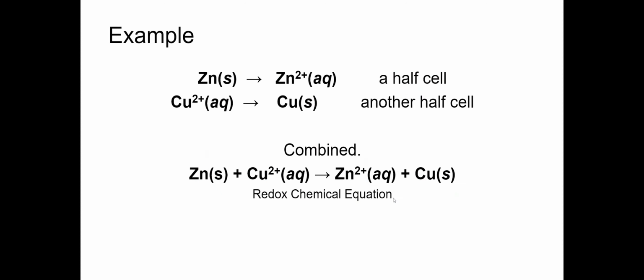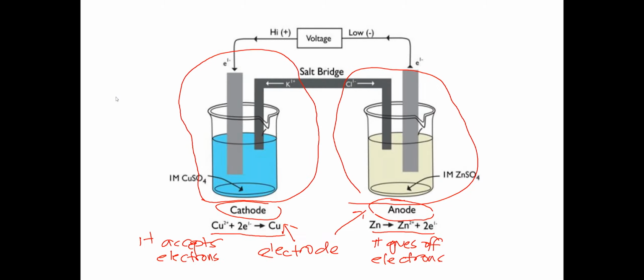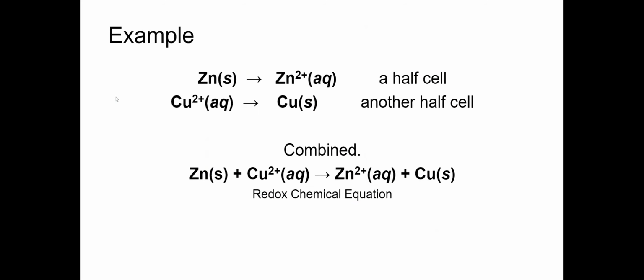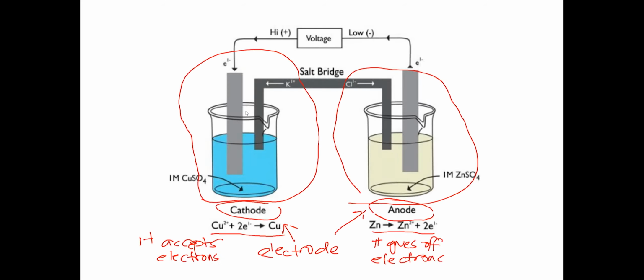So annotating this, we have here two half cells, one half cell which involves zinc transforming into zinc 2 plus. So this one gives off electrons according to the figure shown here. So nagbigay siya ng electrons. Yung isa naman tumanggap ng electrons. So as also shown here.